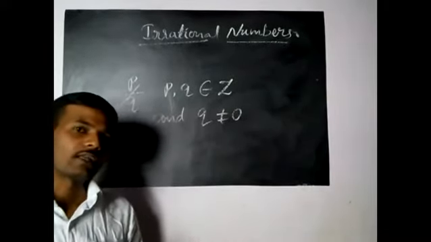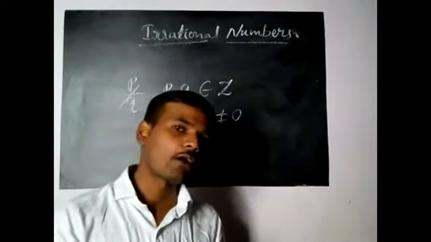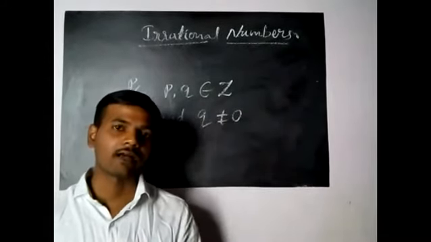So now let us discuss how to represent or how to locate irrational numbers on the number line.